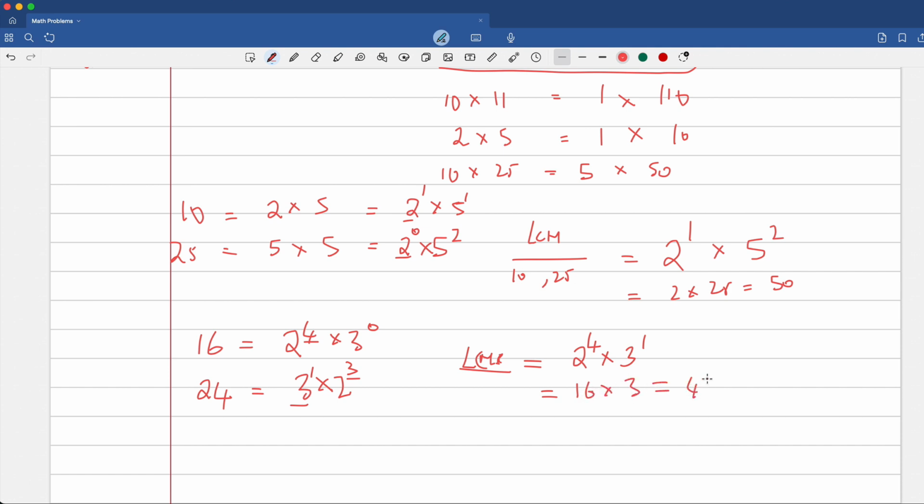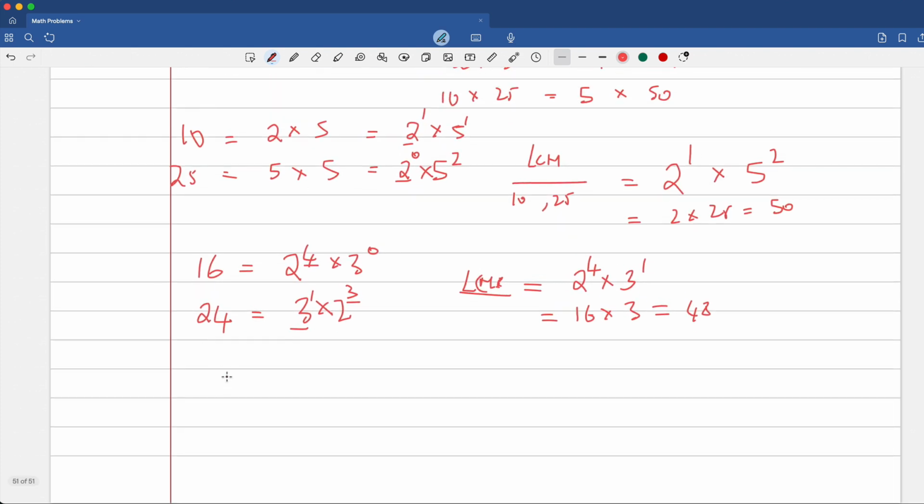In other words, it's 48. Right? So this is the key to figuring out LCM. To find the lowest common multiple, you need to look at the comprising prime factors and look at the power that they have. And that is what helps you determine this.